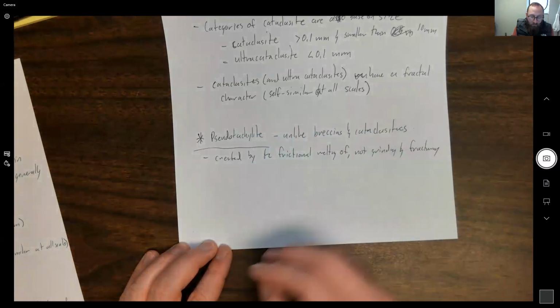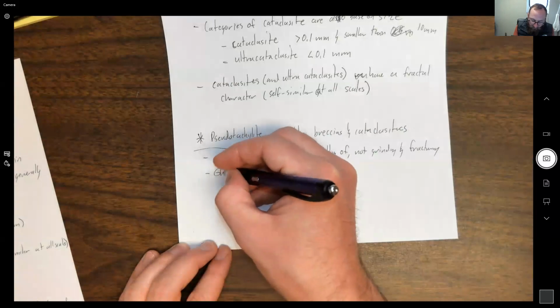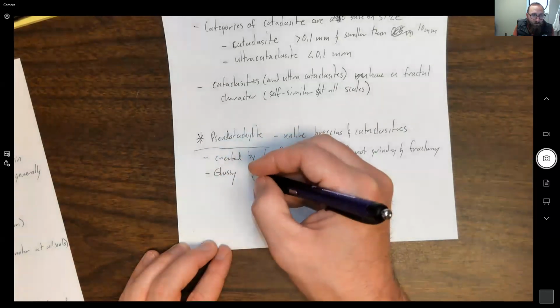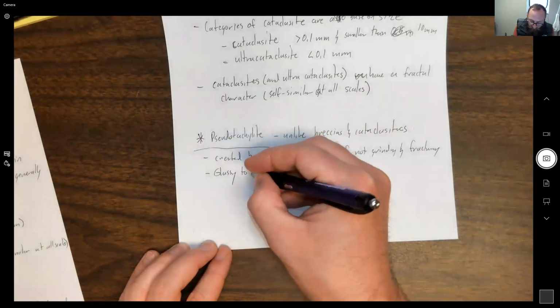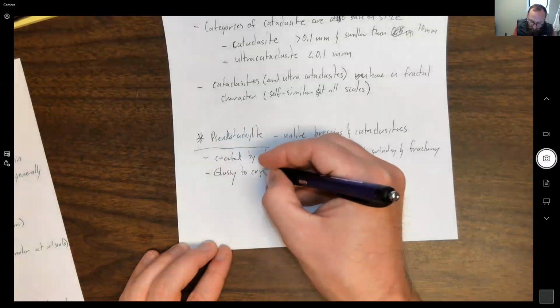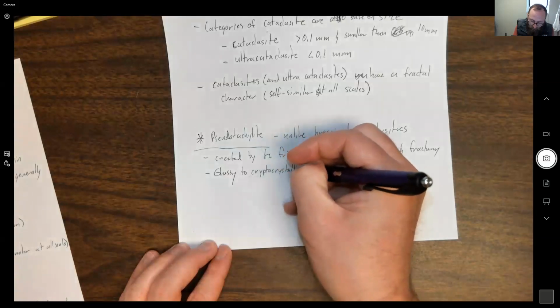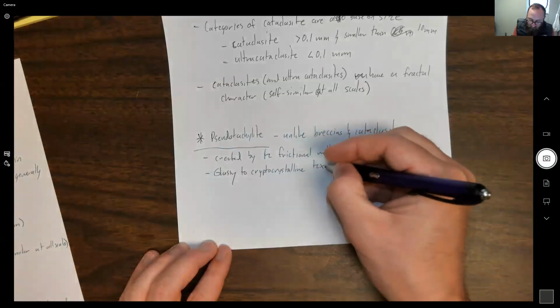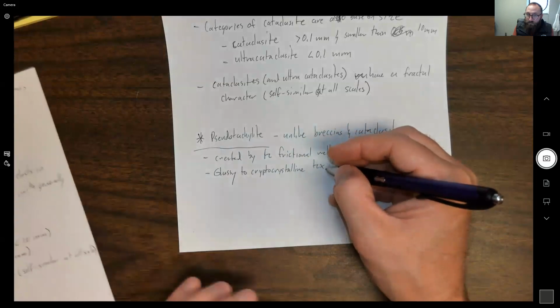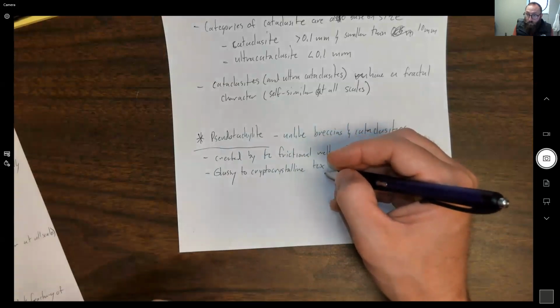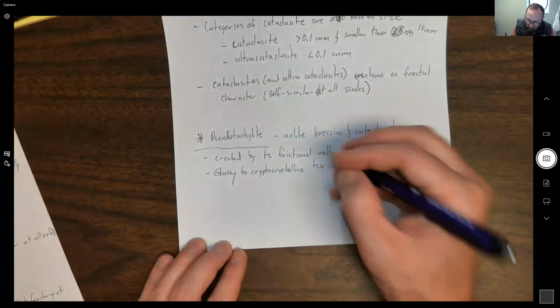And they have a glassy to cryptocrystalline texture, meaning they melted and cooled really rapidly and don't have a crystal form. They're literally a glass.